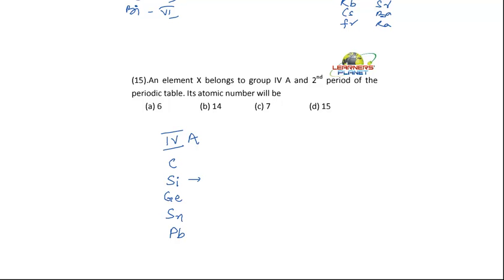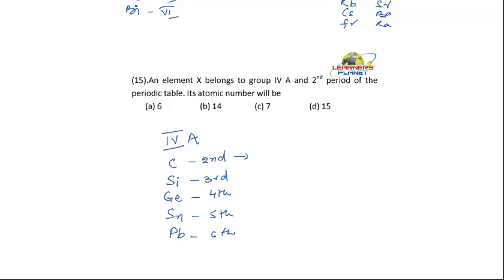In the second period, what is the element? Silicon is in the third period. Okay, so silicon is present in the third period. This is the second period, the third period, the fourth period, the fifth period and the sixth period.